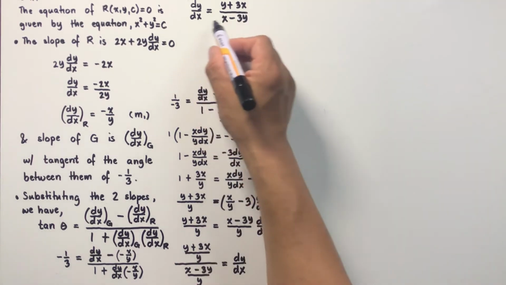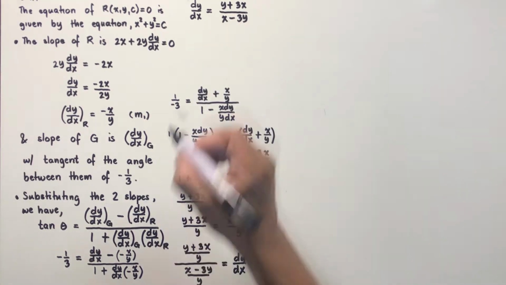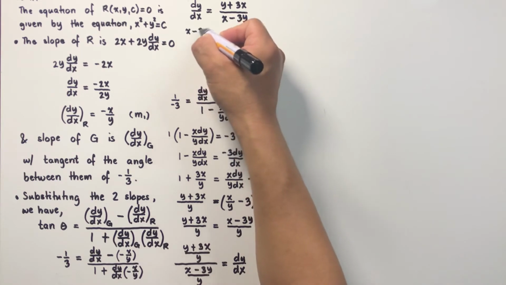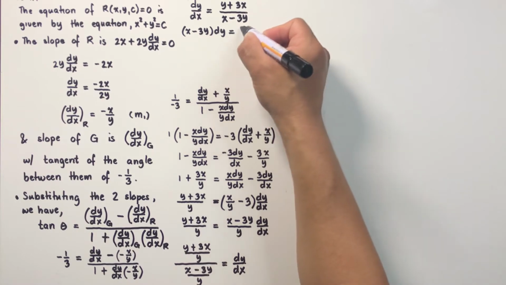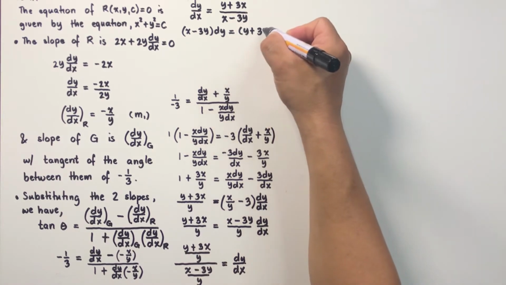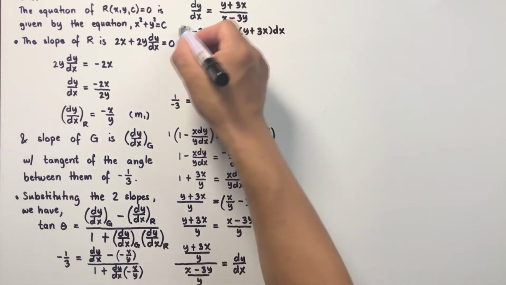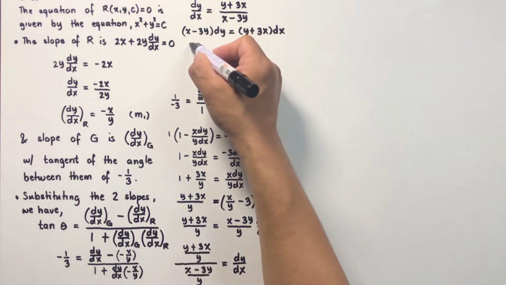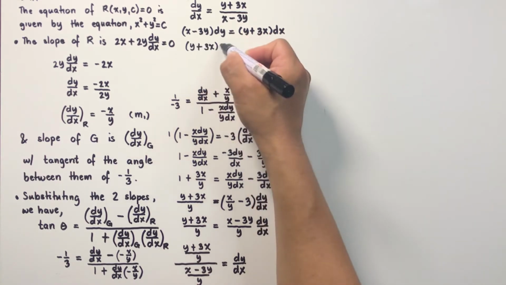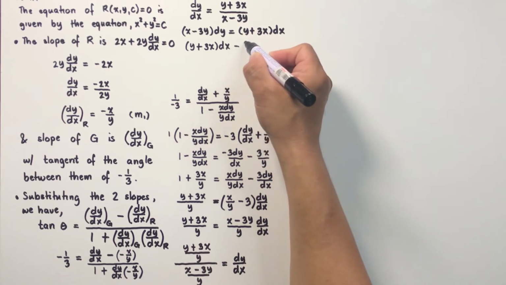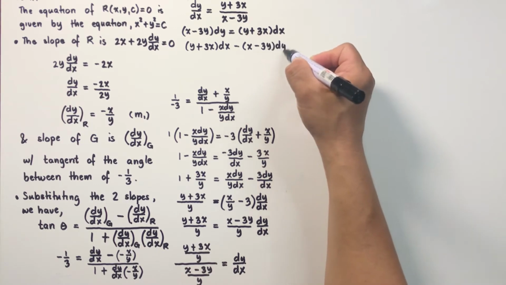And multiplying both sides of the equation by the product of their denominators, we have (x minus 3y) times dy, which is equal to (y plus 3x) times dx. And then moving this term to the right hand side of the equation, we have (y plus 3x) times dx minus the quantity (x minus 3y) dy.